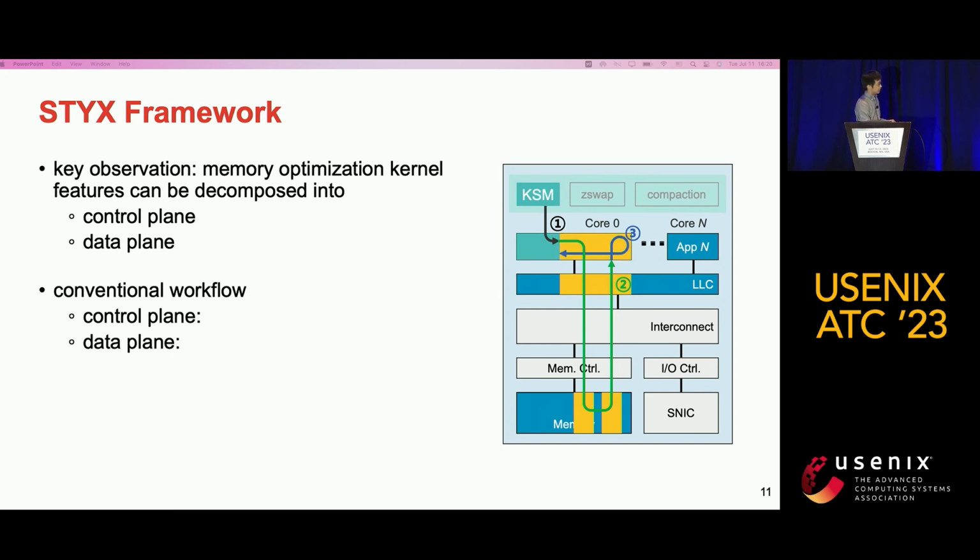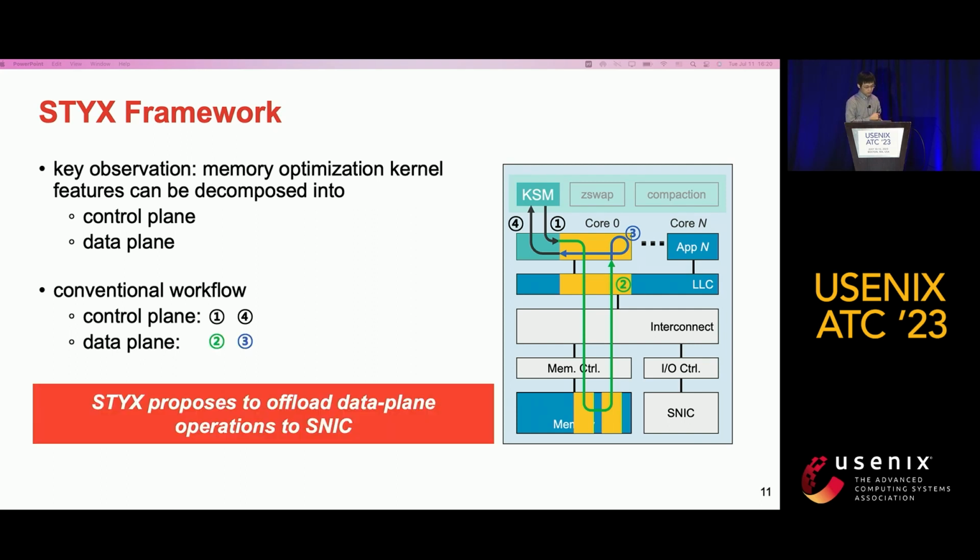And then the page comparison will take CPU cycles to do this byte-by-byte comparison, and then the comparison result comes back to the KSM process. So we classify the first and the last step as control plane, while the second and the third step as data plane. In STYX, we propose to offload only the data plane operations to the SmartNIC.